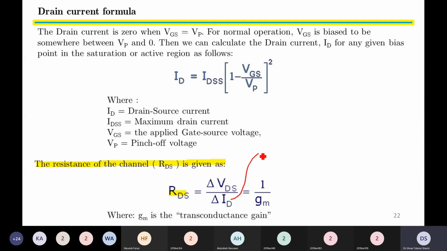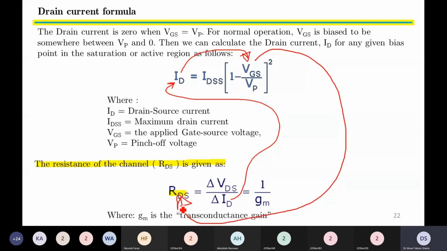And ID can be found from being a function of VGS. So as we change VGS, we will change resistance between drain and source. So the drain and source resistance is controllable by changing VGS, and this RD is equal to 1 over Gm, where Gm is the transconductance gain.